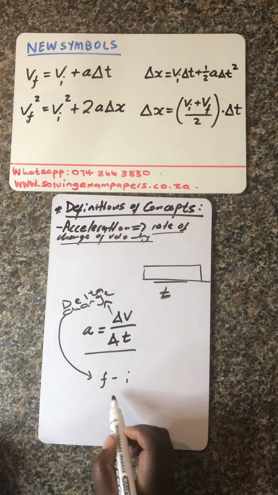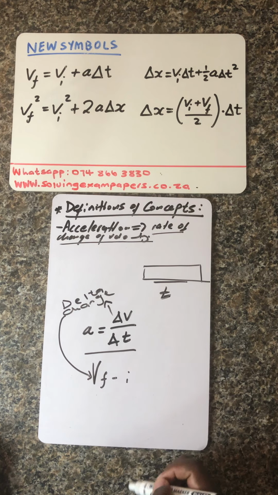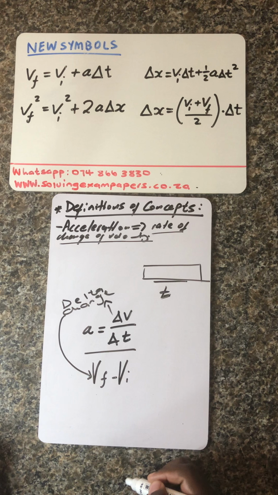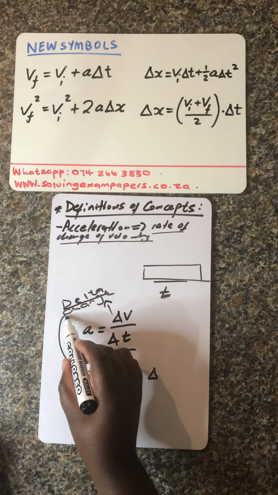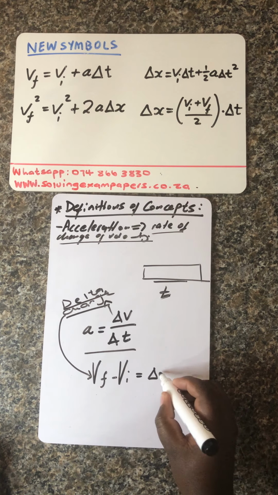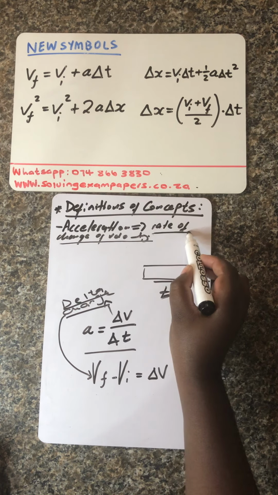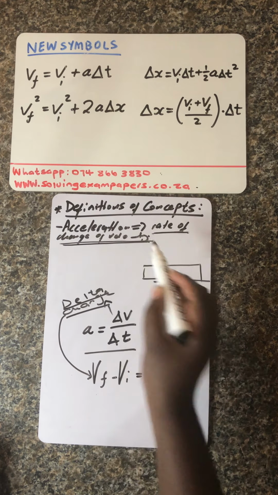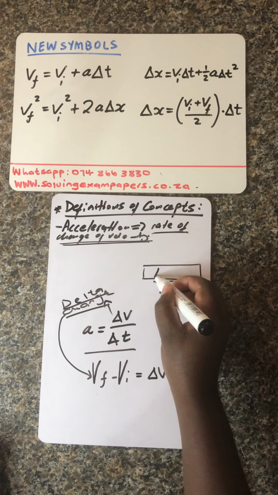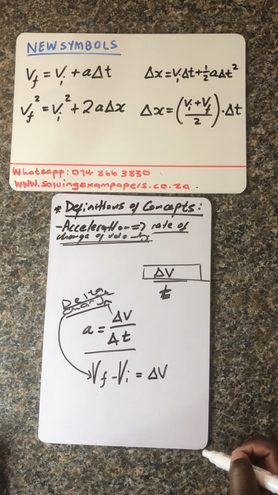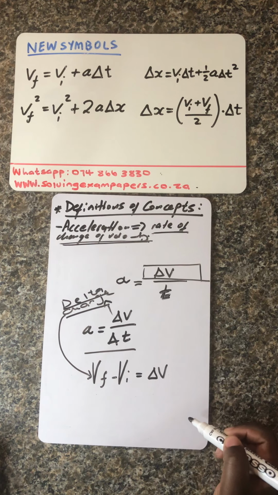So you can have change in velocity, which will mean this is going to be v final, this is going to be v initial, which is delta, a change of what? Of velocity. So when we say the rate of change of velocity, we're simply saying the rate of change of velocity. What is this, ladies and gentlemen? This is what we call an acceleration.